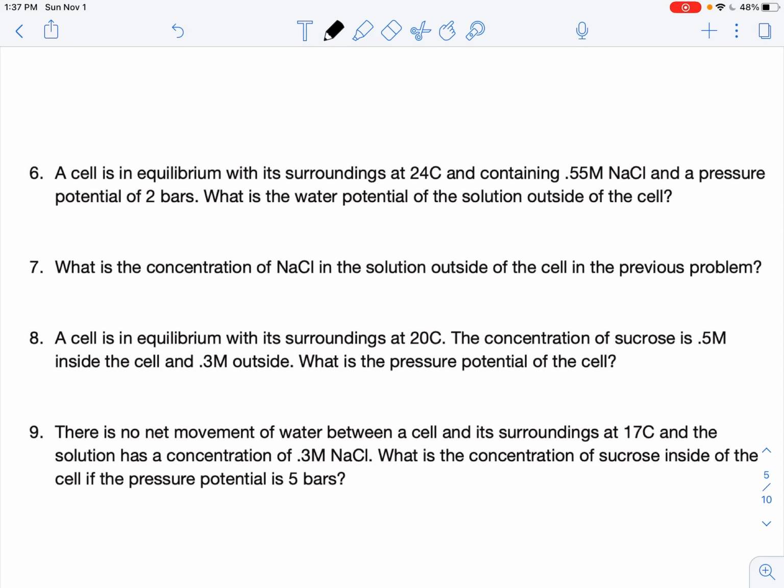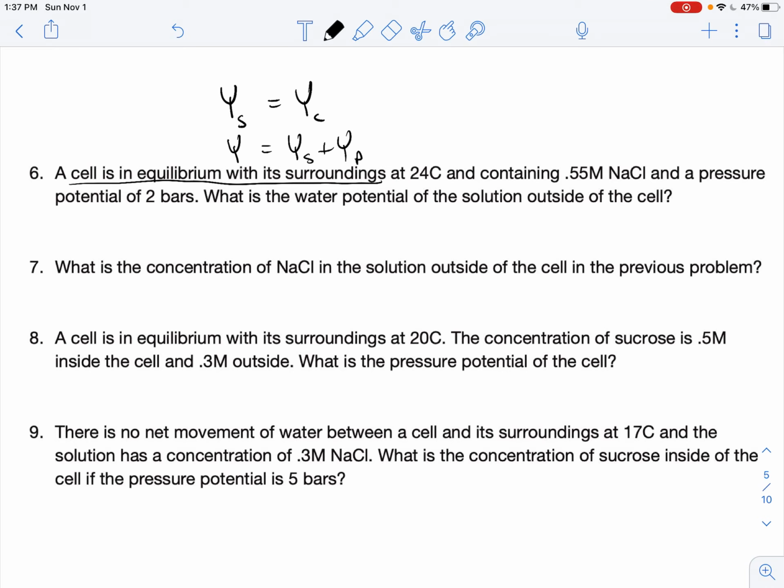Okay. So in this case, we have a cell that's in equilibrium with its surroundings, but the cell itself has a pressure potential. So psi, we could say surroundings equals psi of the cell. But in this case, this is just water potential equals solute potential plus pressure potential.